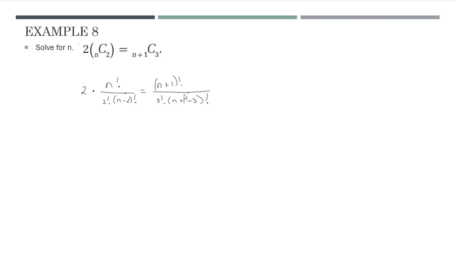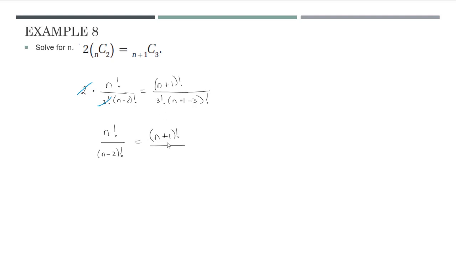So this looks a lot worse than it is, but as soon as you start doing some simplifications, it's okay. 2 factorial is actually 2, so the opposite of dividing by 2 is multiplying by 2. That gets rid of that right away. It might be tempting to do some cancellation between the n factorial and n minus 2 factorial. However, if you have patience for a second, you'll see that this denominator is n minus 2 factorial, and on the right side, it's going to be the same thing, at least for the n part.